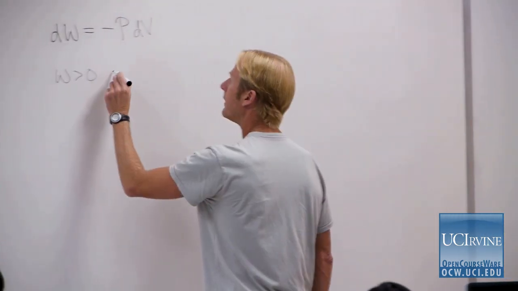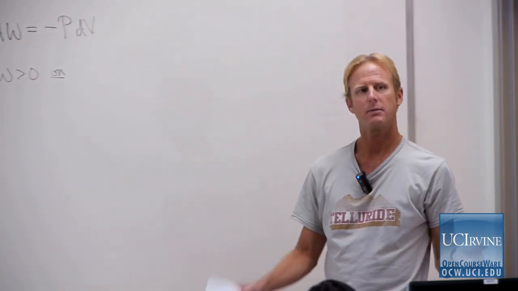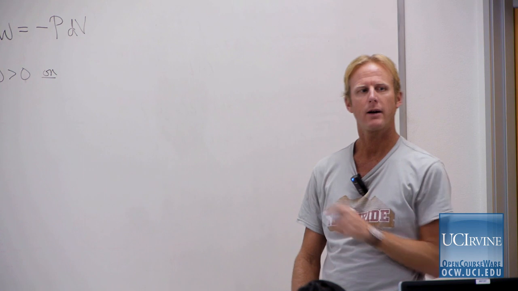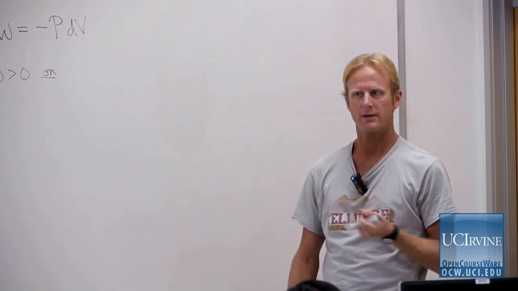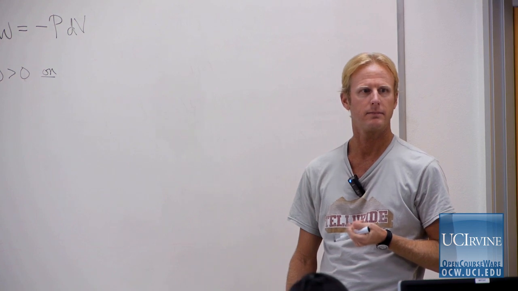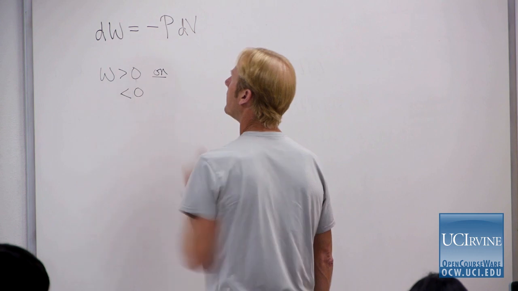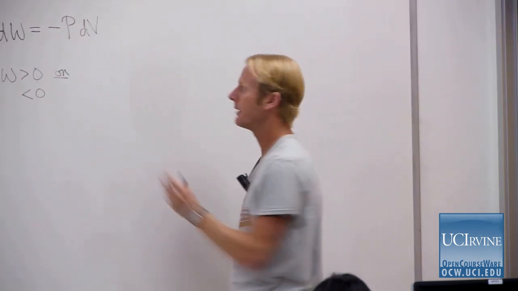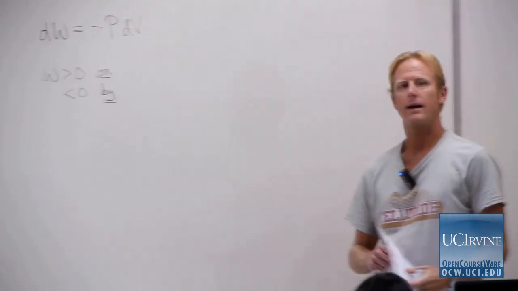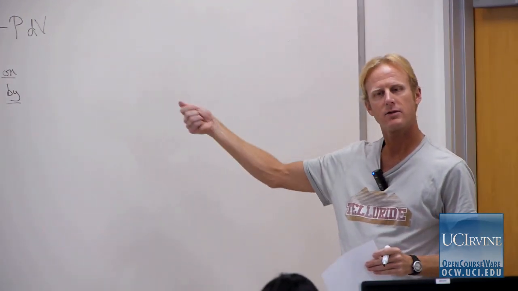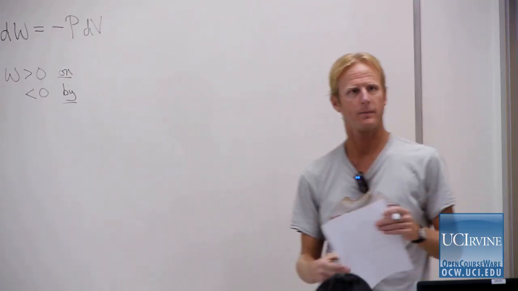Remember that? Remember there's system and surroundings. If the work is greater than 0, our sign convention in chemistry is that that means work is done on the system. And conversely, less than 0 means by.